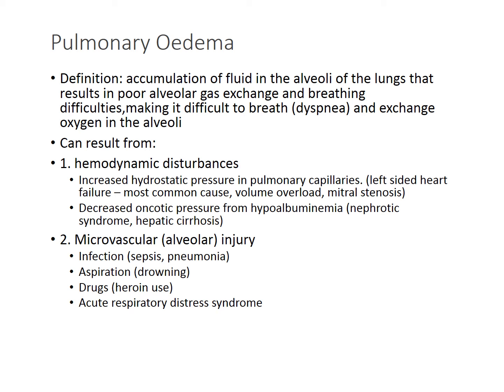It can result from hemodynamic disturbances, either from increased hydrostatic pressure in pulmonary capillaries, such as in left-sided heart failure, which is the most common cause, volume overload, and mitral stenosis, or decreased oncotic pressure from hypoalbuminemia, from diseases such as nephrotic syndrome or hepatic cirrhosis. It can also be the result of microvascular injury from infection, aspiration, drug use, and acute respiratory distress syndrome.